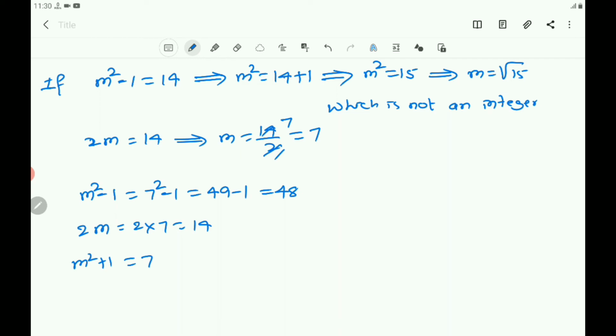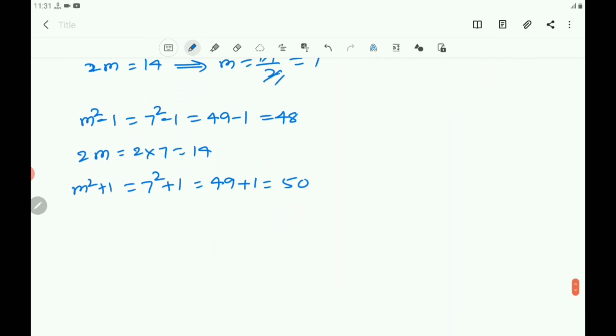M square plus 1 is 7 square plus 1, that is 49 plus 1 equals 50. Therefore, the Pythagorean triplet is first number 14, next 48 and 50.